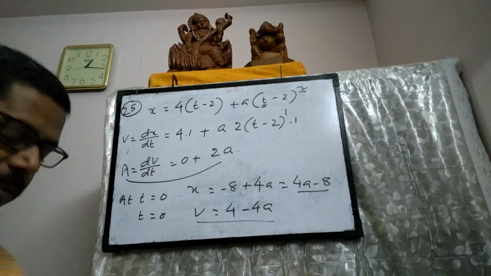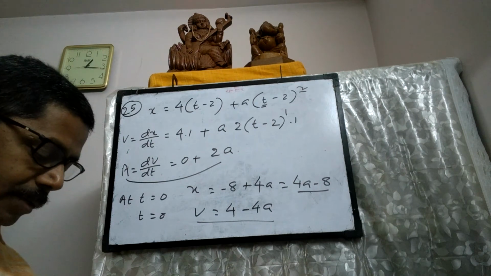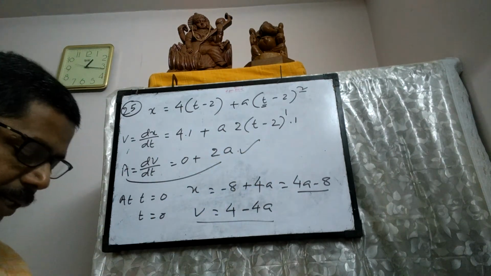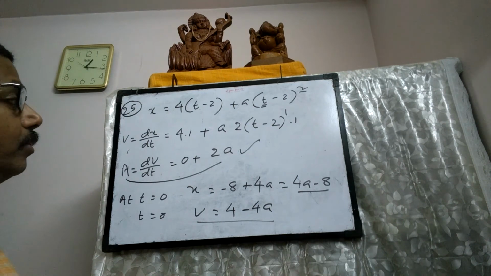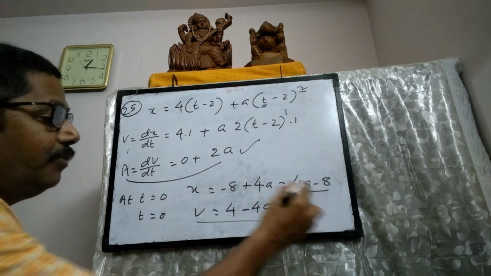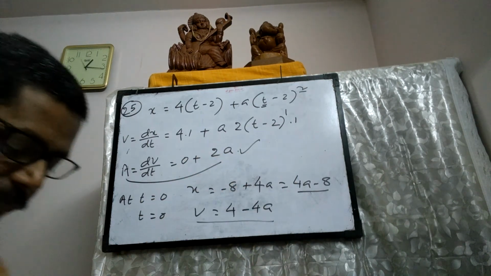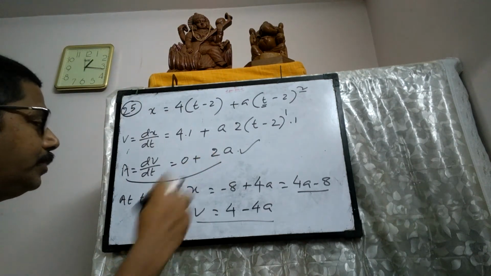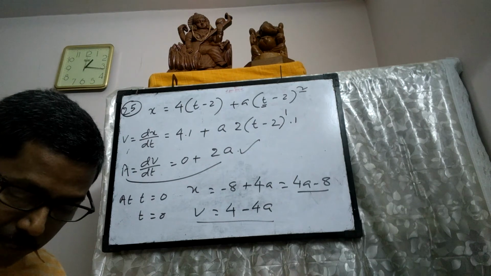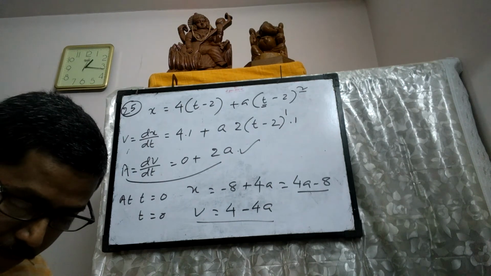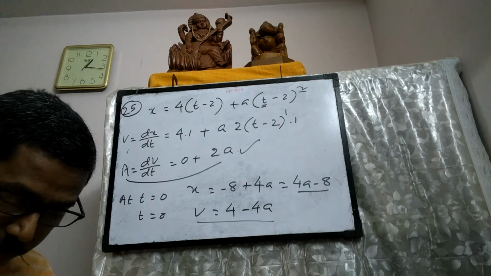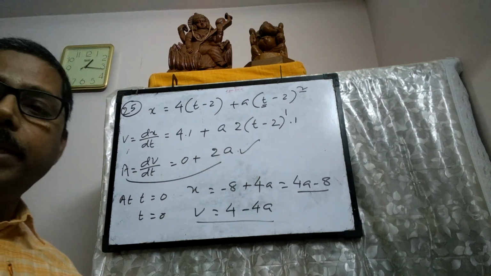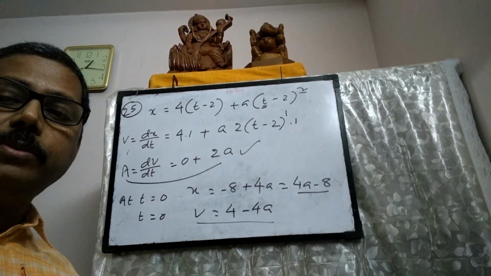Second option is acceleration of the particle is 2a. This is correct. The particle is at origin at t is equal to 0. No, at t is equal to 0 we are finding the particle is at 4a minus 8. So the correct answer is the second option, that is the acceleration of the particle is 2a. And that is independent of time, right? So second option is the correct answer.